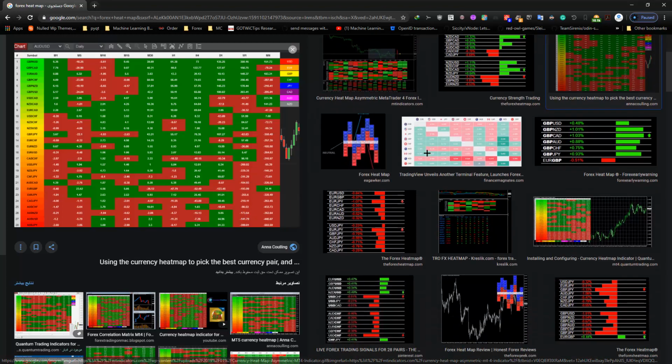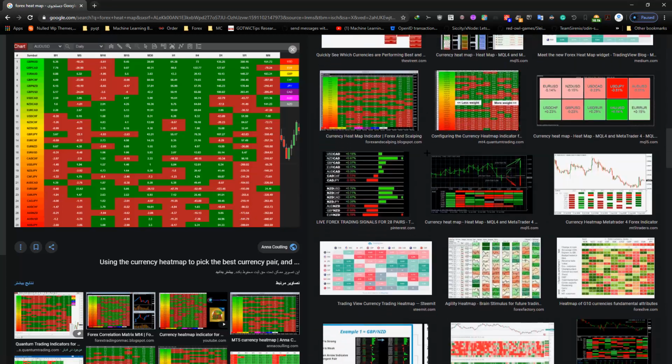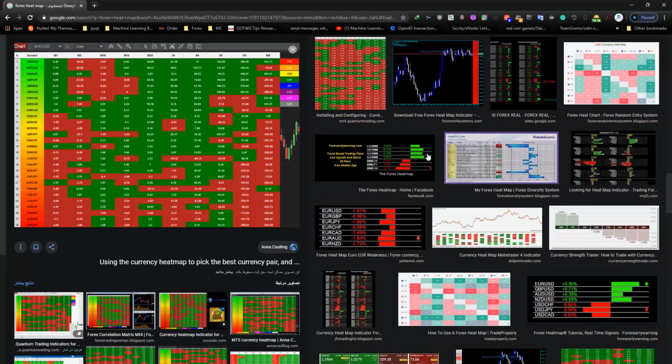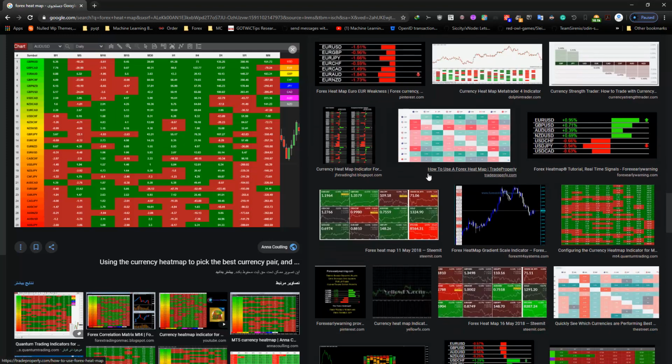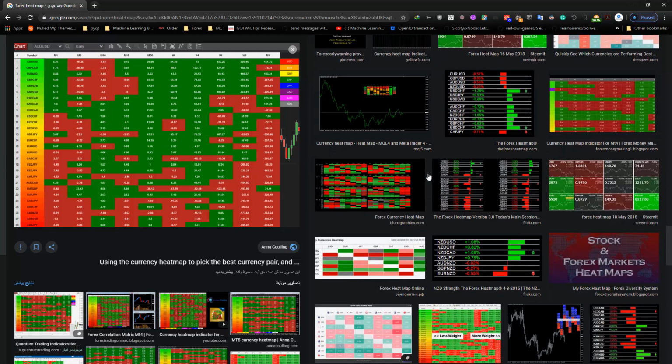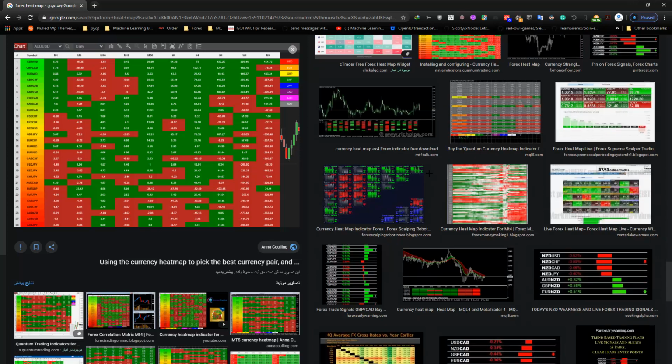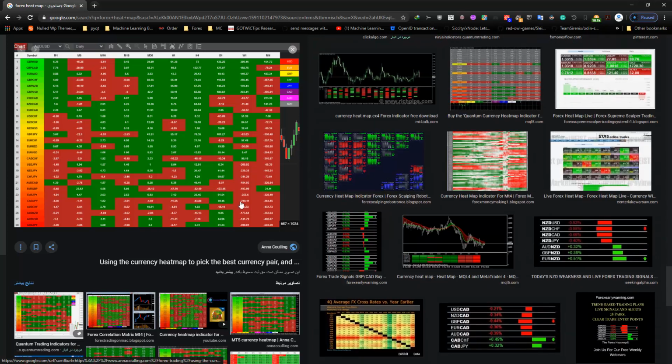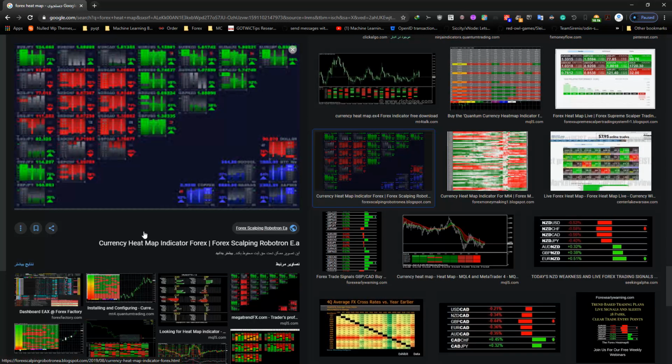That is why we think, as a team, that a better way to read heat maps is not by this. And actually, if you take a look at something like this, it's even more confusing.